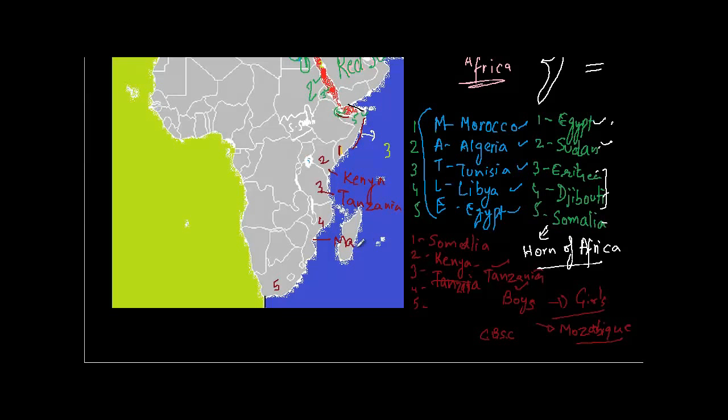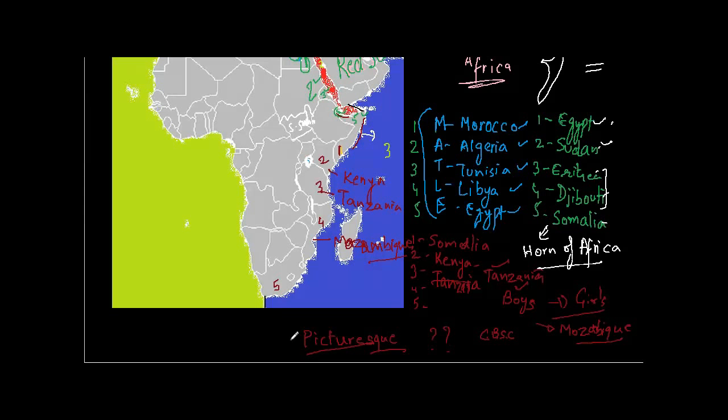How to remember this? Very difficult name. Mozambique. While going before, can you pronounce this word? P-I-C-T-U-R-E-S-Q-U-E. How many of you say picturesque or picturesque?